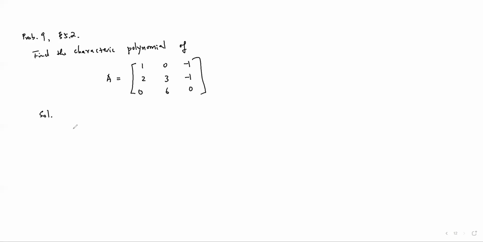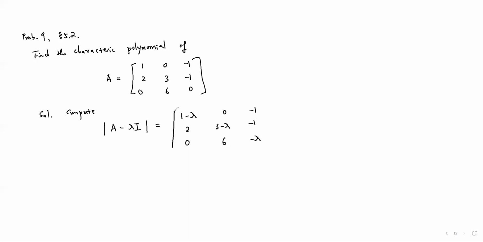You need to compute a determinant. Compute A minus lambda I, where lambda is a variable and I is an identity matrix. This matrix minus lambda I is: 1 minus lambda, 0, negative 1; 2, 3 minus lambda, negative 1; 0, 6, 0 minus lambda.